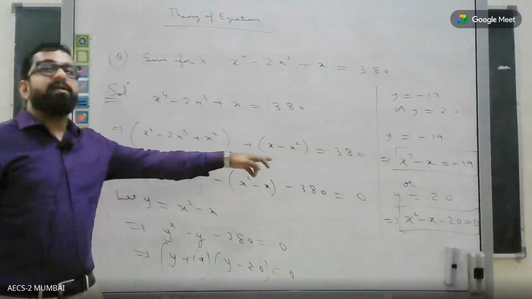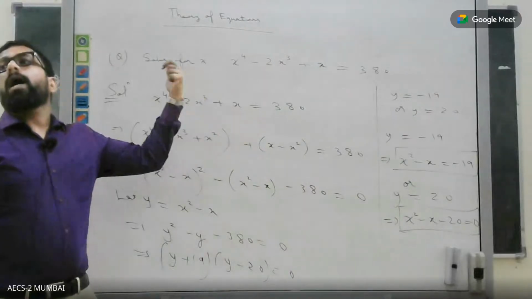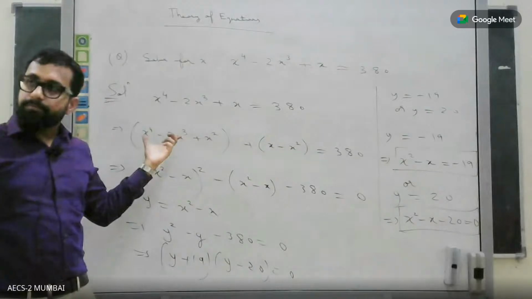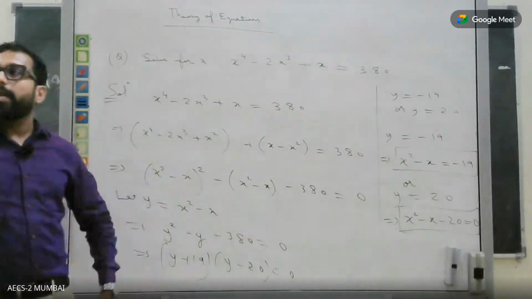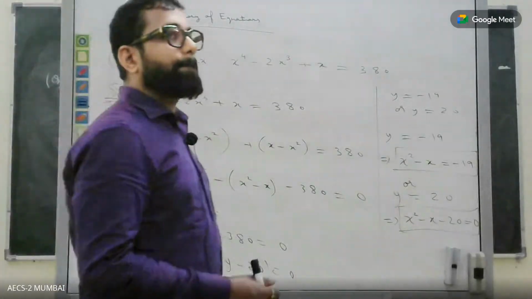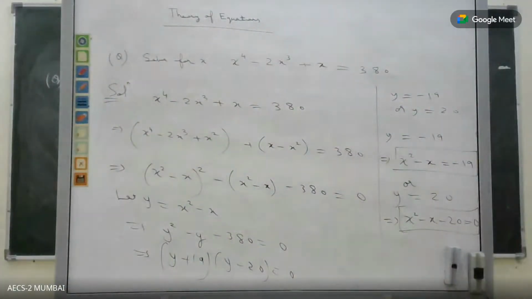I am adding x square and subtracting x square, adding and subtracting x square to make it a perfect square. Okay? Correct? Look. Written? Do you understand the logic behind what we are doing?